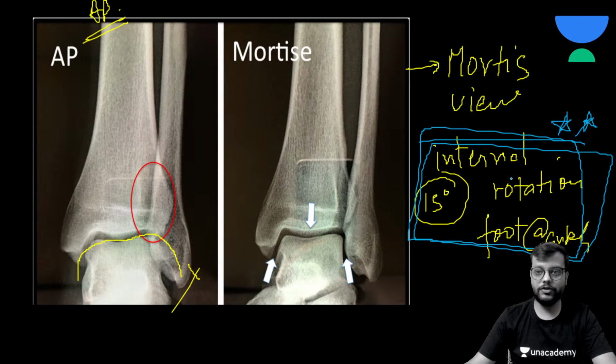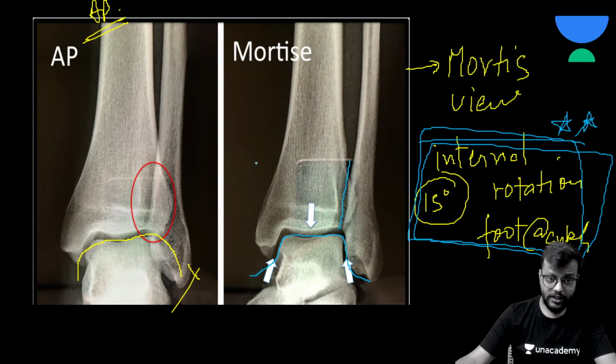एंड इन दिस mortise व्यू यू कैन सी पूरी joint line, you can appreciate, plus you can easily appreciate the distal tibiofibular joint and the posterior malleolus a little bit also. See here, there is partial or little or no overlapping of tibia and fibula.